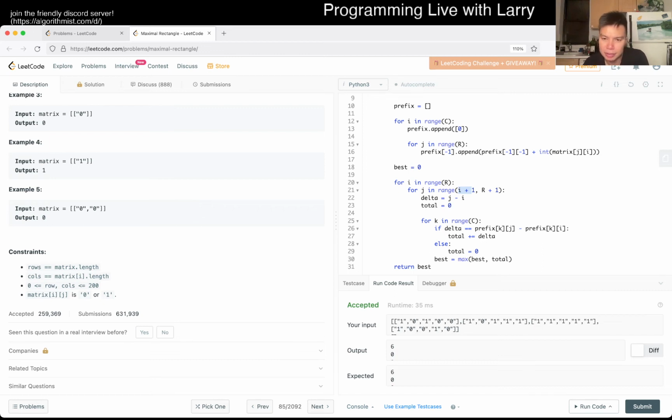Okay, so if we have an exclusive range, then the exclusive range goes to R, and R is the last. I think I'm just missing a +1 before, maybe. Why wouldn't inclusive range work?